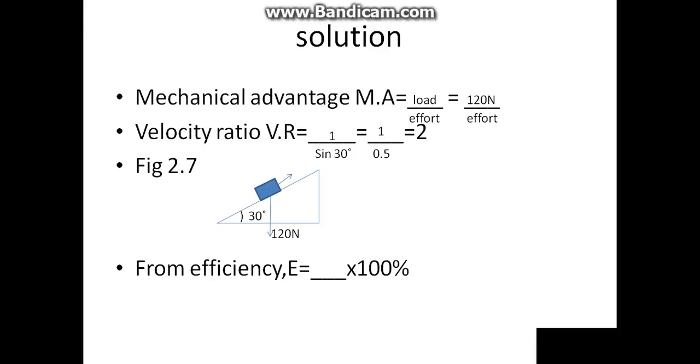From efficiency, E is equal to MA over VR times 100%. That is 50 over 100 is equal to 120 over effort times 1 over 2. By cross multiplying, we have 2 times 50 times effort is equal to 120 times 100. Making effort the subject of the formula, we have 120 times 100 all over 2 times 50, which gives us our effort to be 120 Newton.